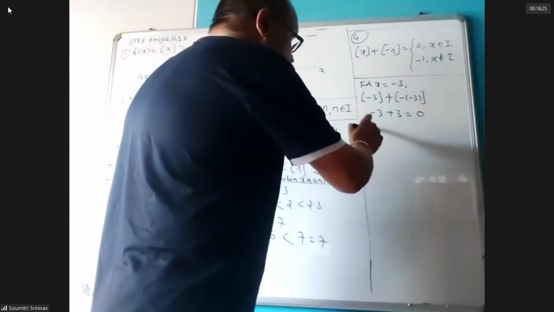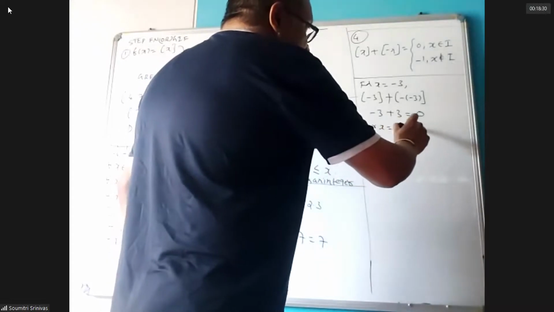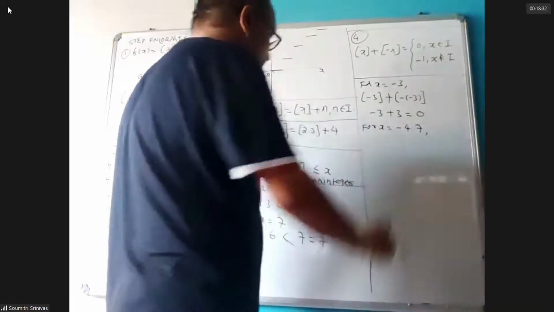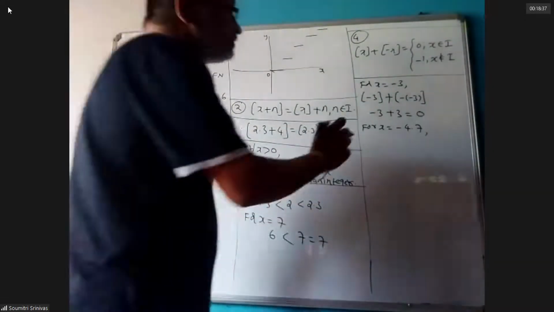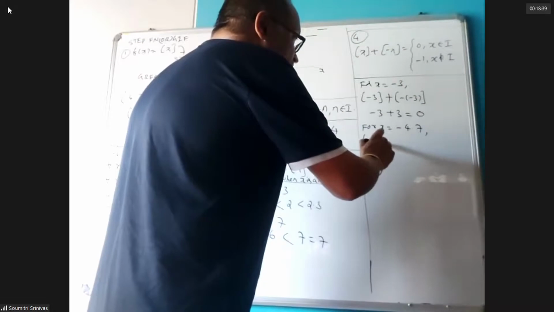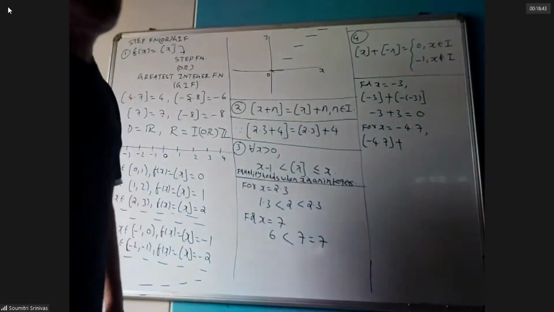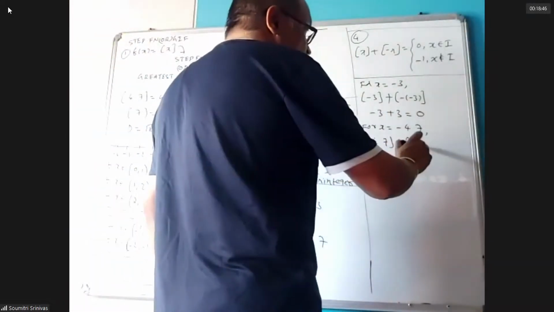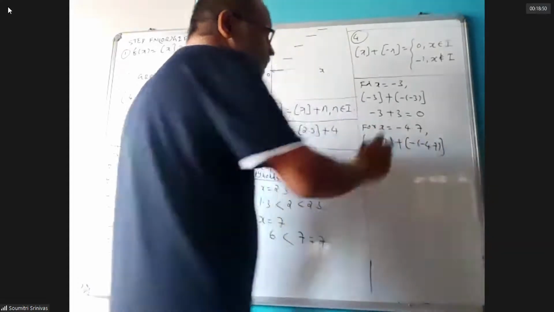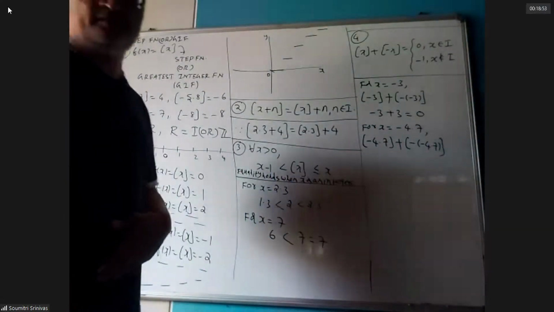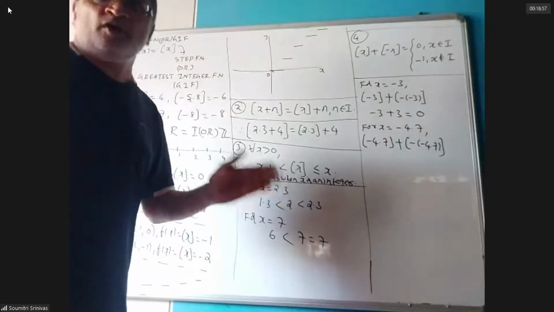Next. For x equal to minus 4.7, look here. Step of minus 4.7 plus step of minus minus 4.7. What is step of minus 4.7? Minus 5.